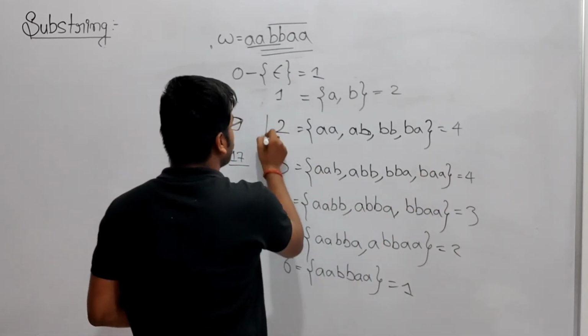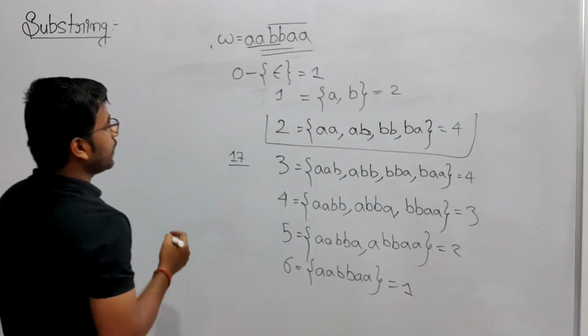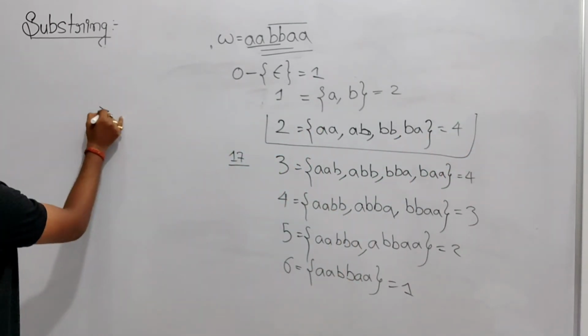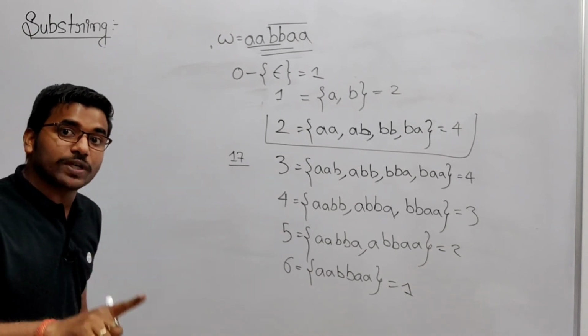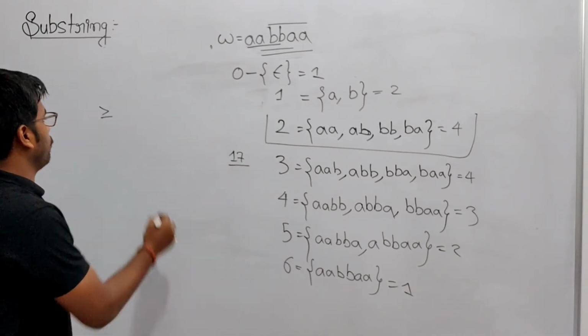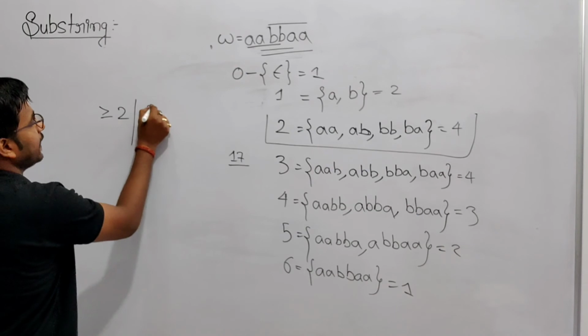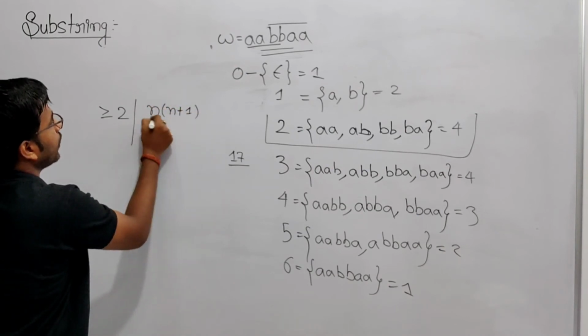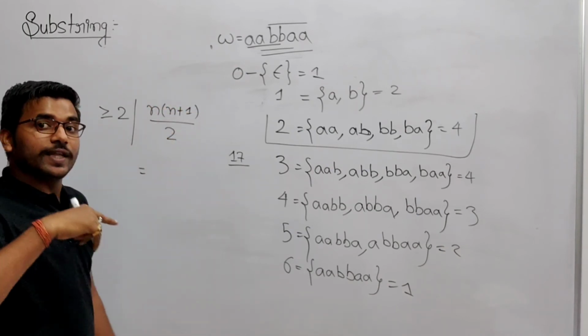When you assume this as one symbol, it is going to give you that formula: the number of substrings whose length is greater than or equal to 2. So n into n plus 1 by 2 gives the number of substrings whose length is greater than or equal to 2.